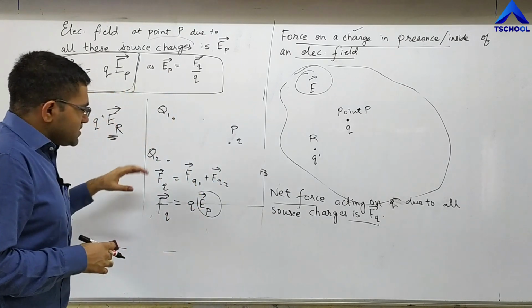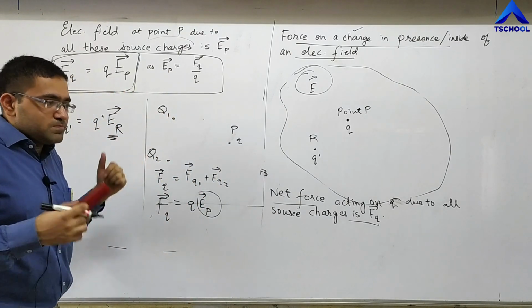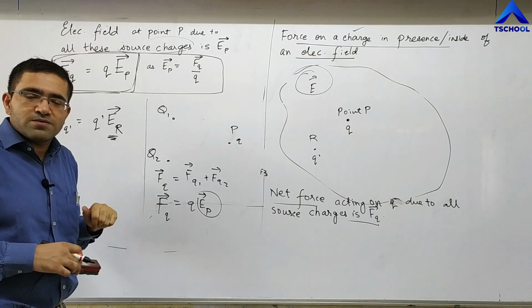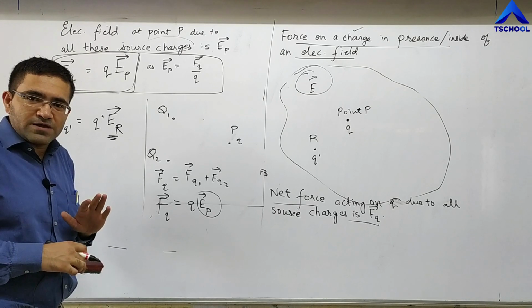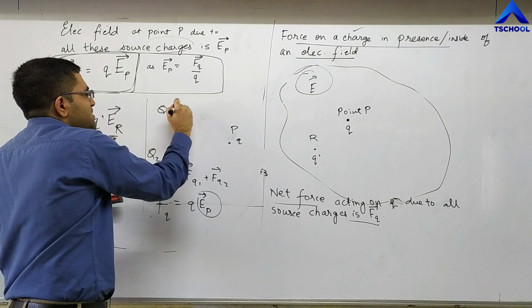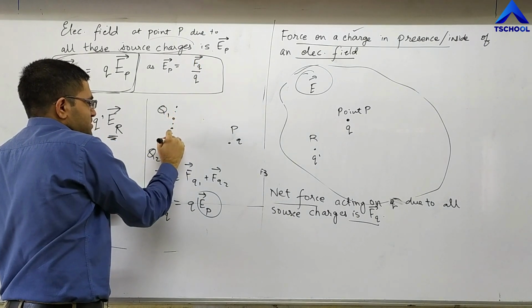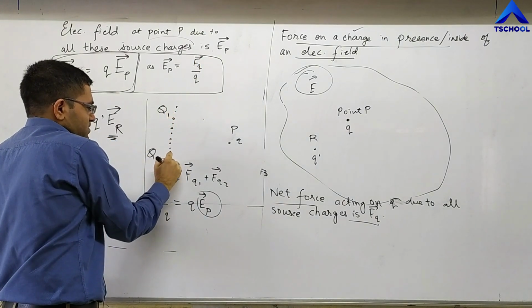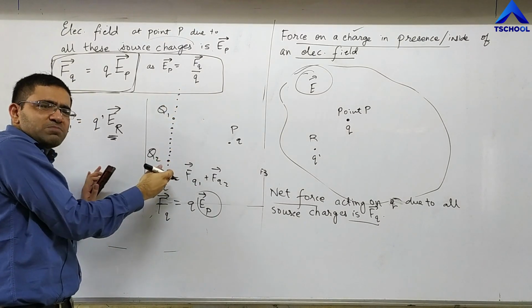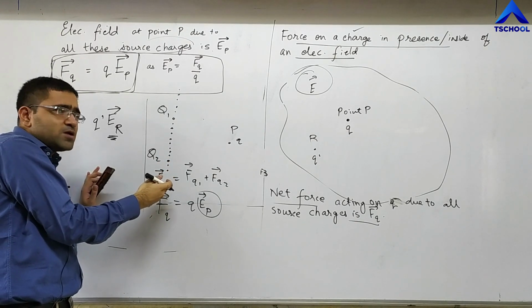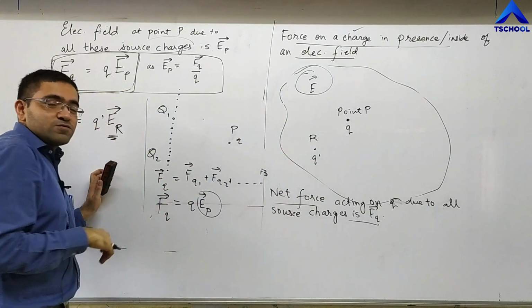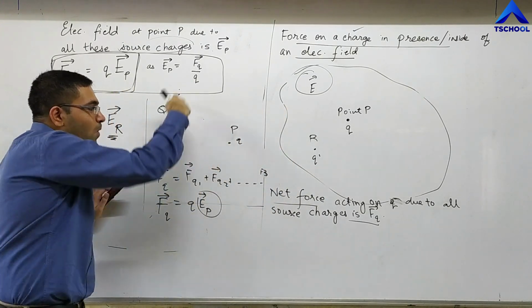Here you have only two charges, fine, no problem. But assume a case where there are millions of charges, say along a straight line: Q1, Q2, Q3, Q100, Q10,000, Q1 million, and so on. You would have to find the forces acting on Q due to all these charges.